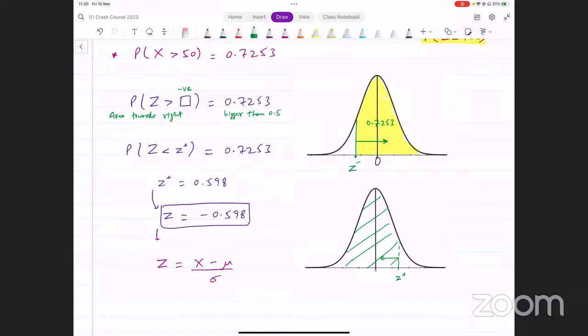The z is supposed to be minus 0.598. If you input plus 0.598, you'll be getting wrong answers. So keep this in mind. You should be inputting minus 0.598 in the formula.